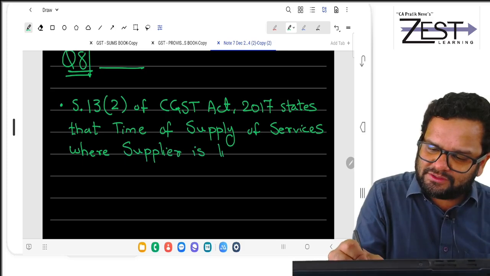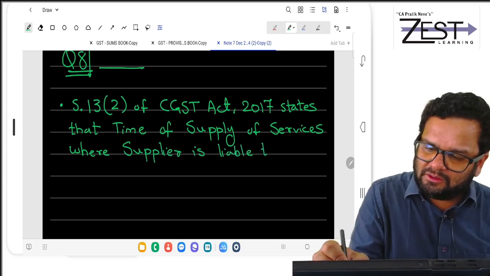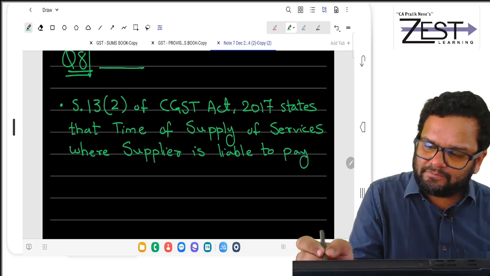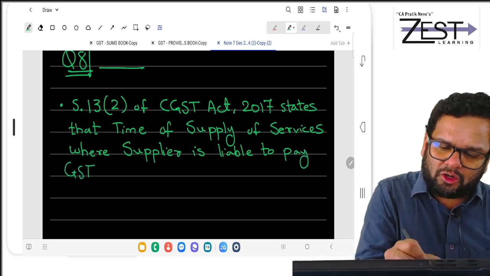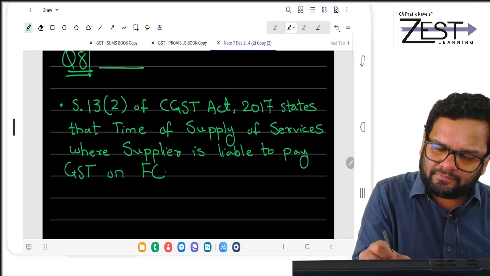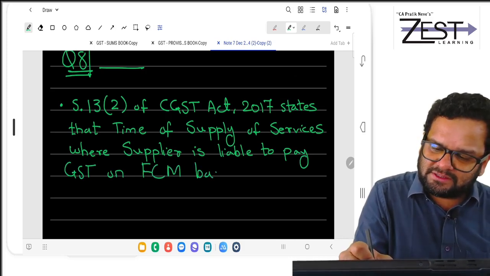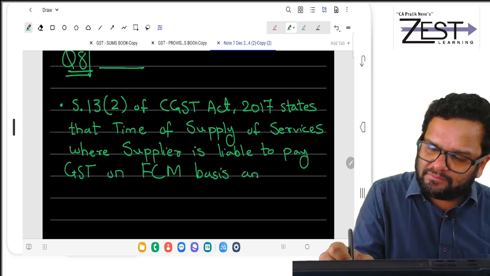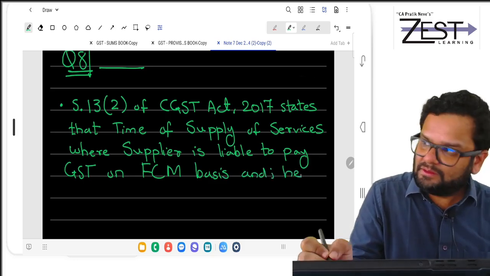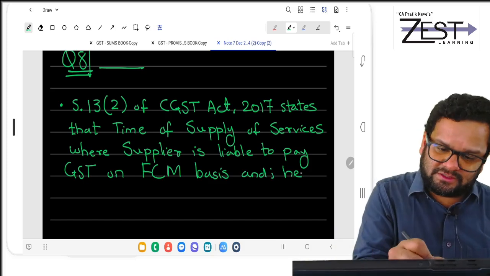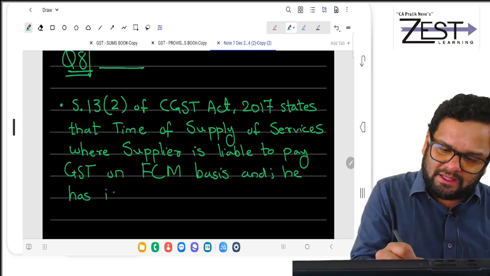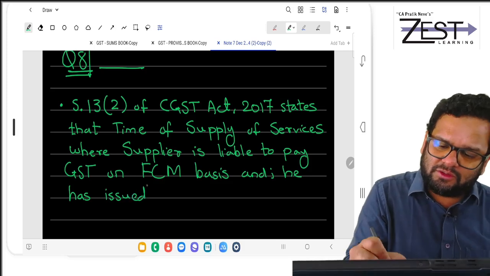Where supplier is liable to pay GST on what basis? On FCM basis, and he has issued invoice within what time?